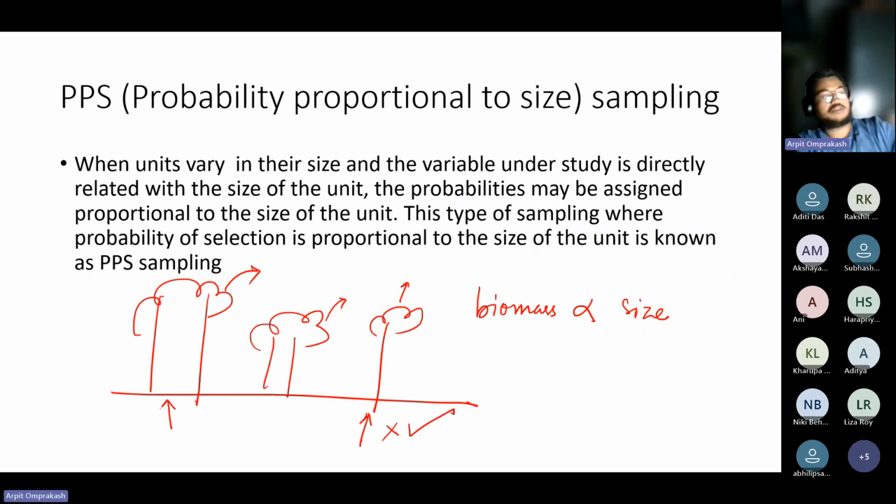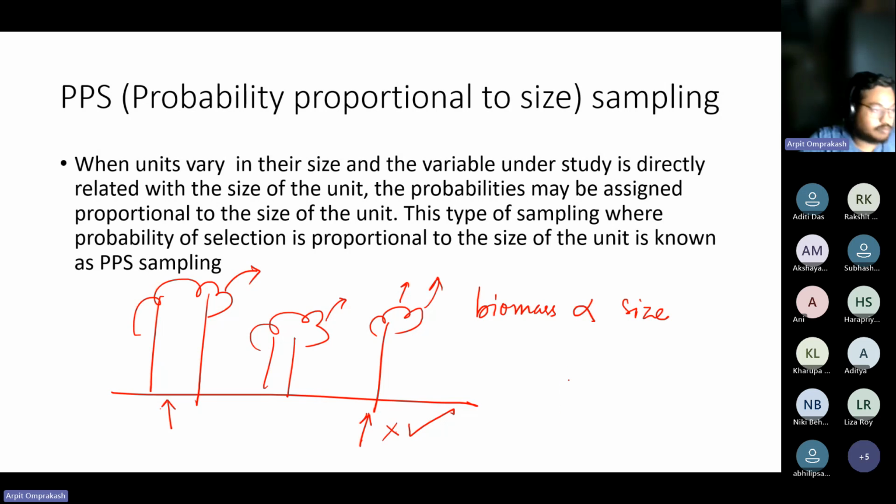So in PPS sampling, we are basically sampling one species, but based on, let's say, the age of the species, there might be differences in size. And we are trying to use probability so that we are sampling more of these individuals and less of these individuals. Because there might be a huge number of saplings, but very few trees, right?